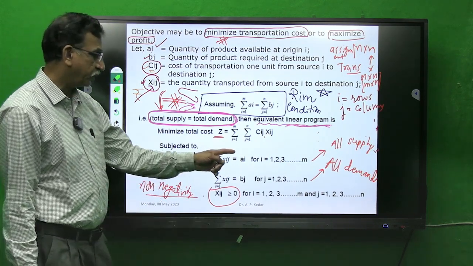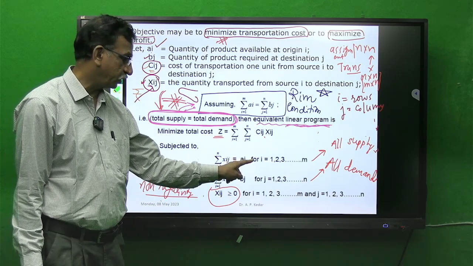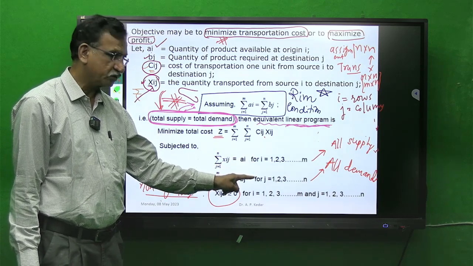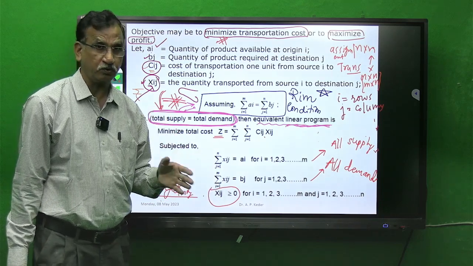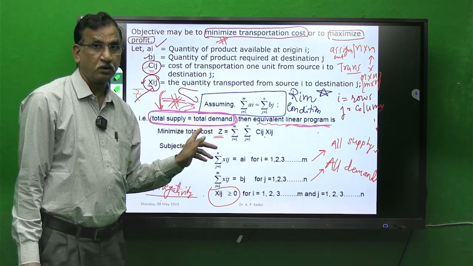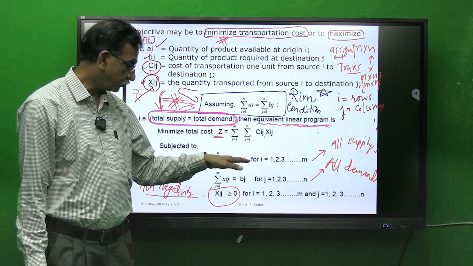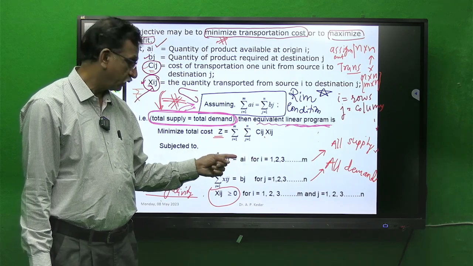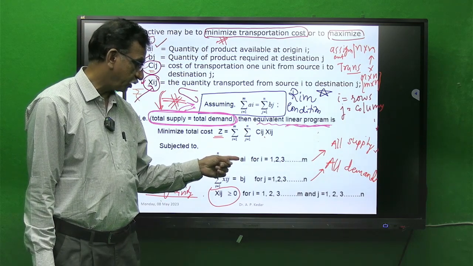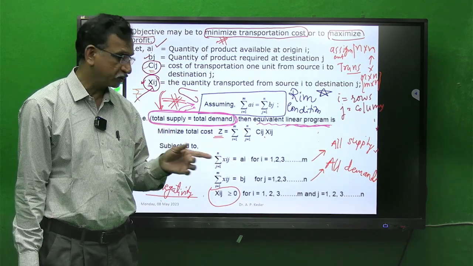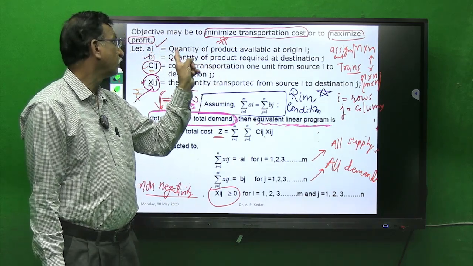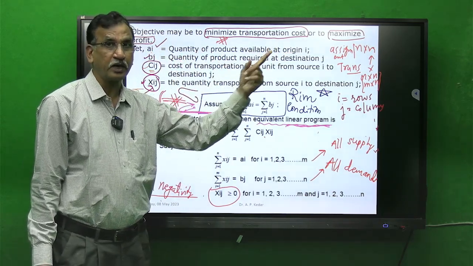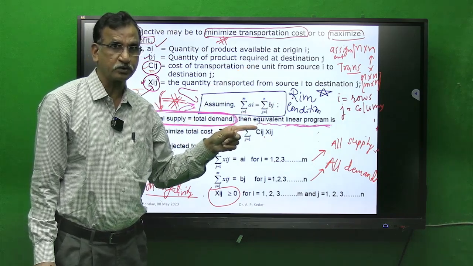So for a 3 by 3 matrix, I will get 3 equations for this, 3 equations for this, 6 equations plus the non-negativity conditions. For a 5 by 5 matrix with balanced supply and demand, I will get 5 equations for rows. Why am I saying 5 equations? Ai is the quantity produced and available at origin i, so it goes row wise.